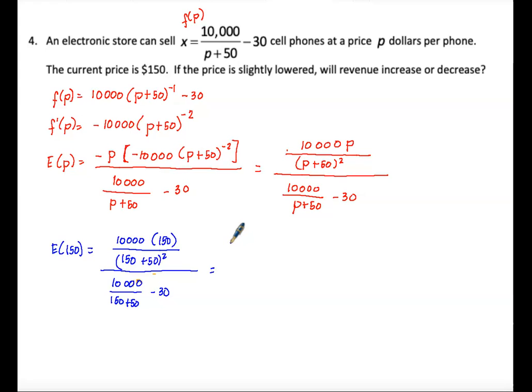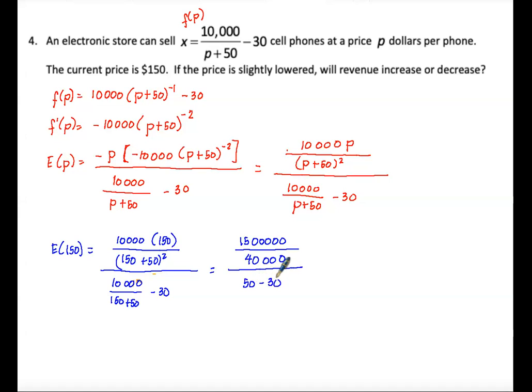So 10,000 times 150 is equal to 15 followed by 5 zeros, over 200 squared, which is equal to 40,000, divided by 10,000 over 200, which is equal to 50, minus 30.